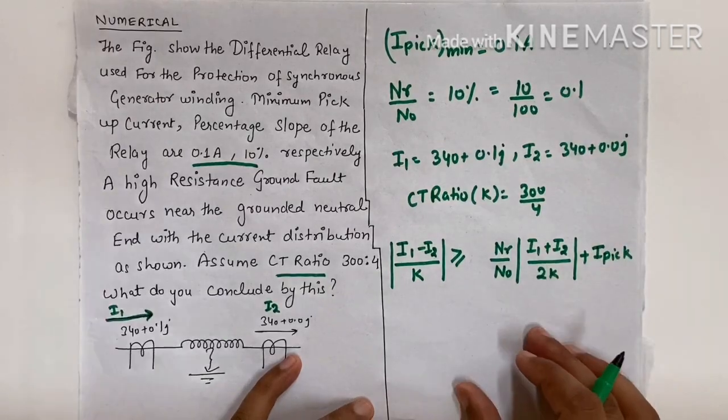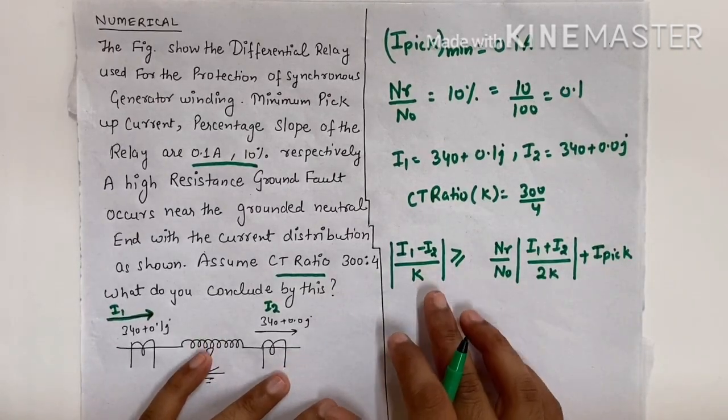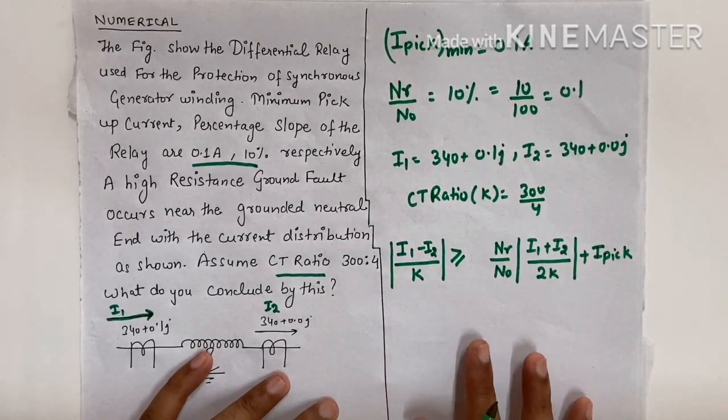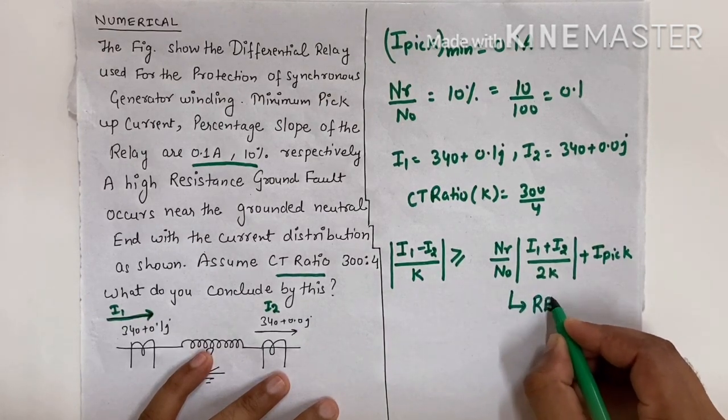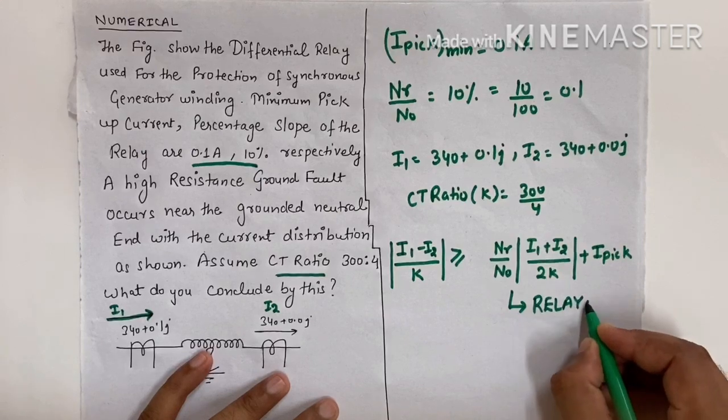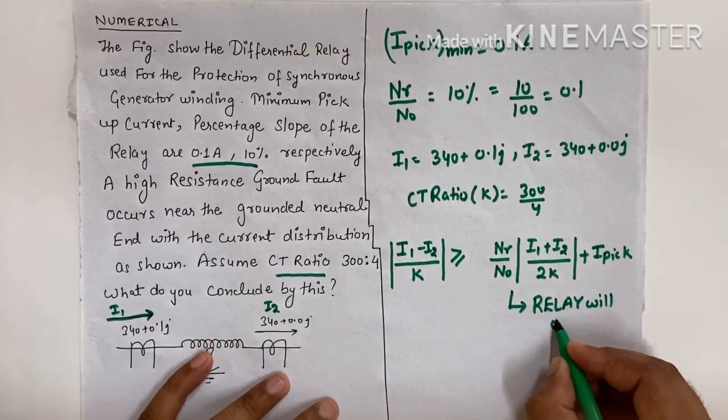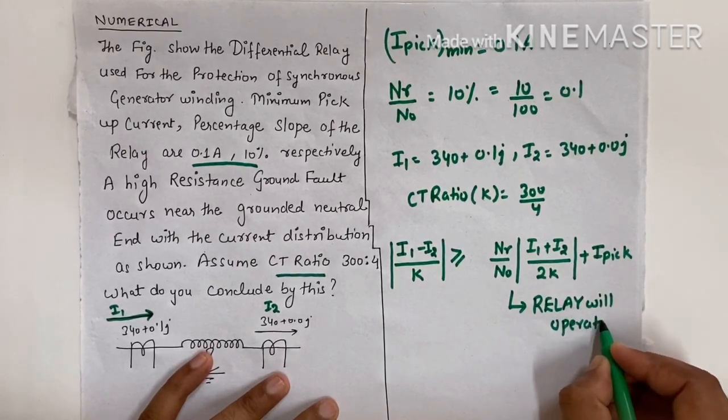This is the expression of the differential relay. If this expression is satisfied, then we can say the relay will operate, otherwise the relay will not operate.